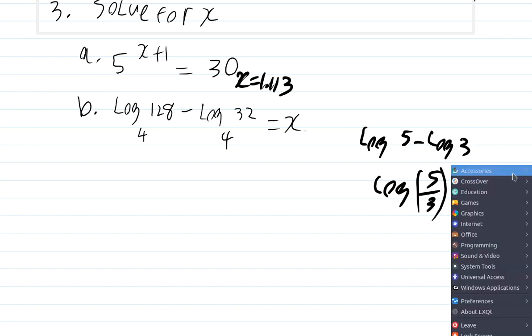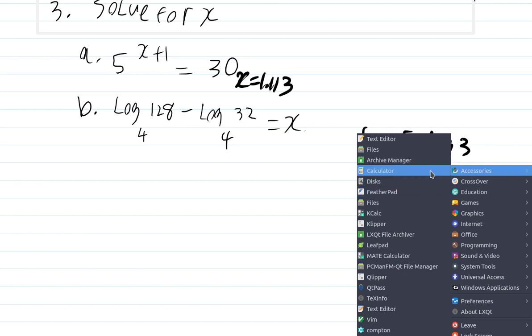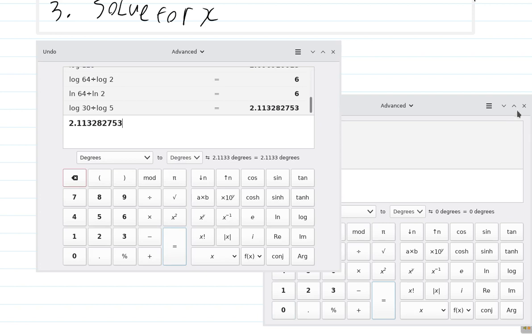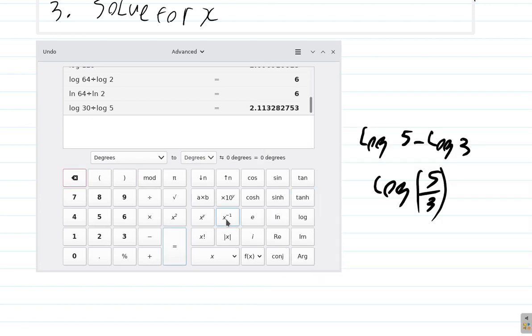Let's just examine that with our calculator and verify it before we move on. We have log 5 minus log 3 equals 0.221. Let's try ln as well.